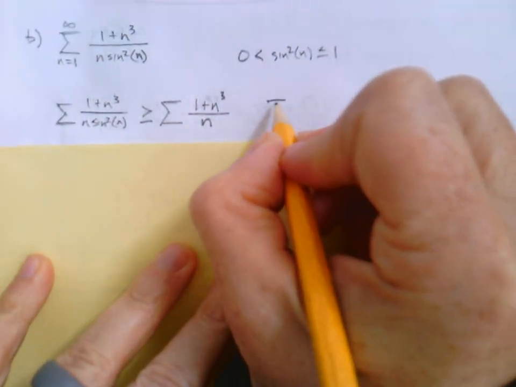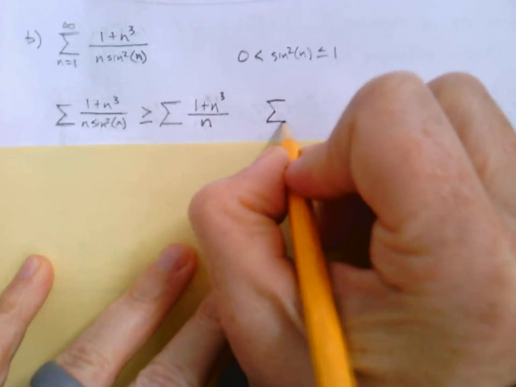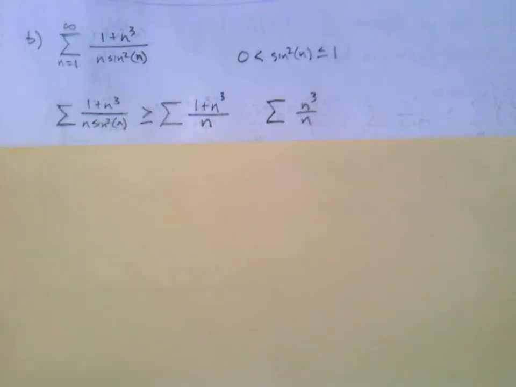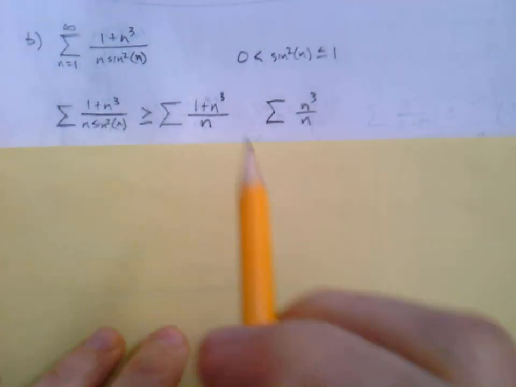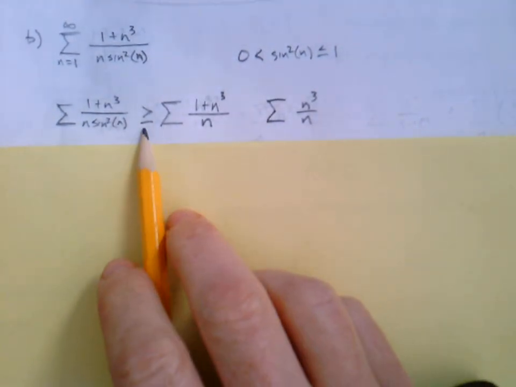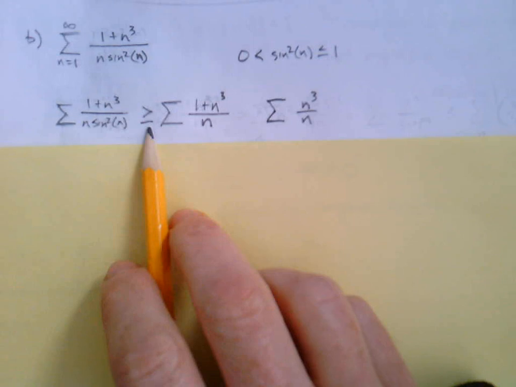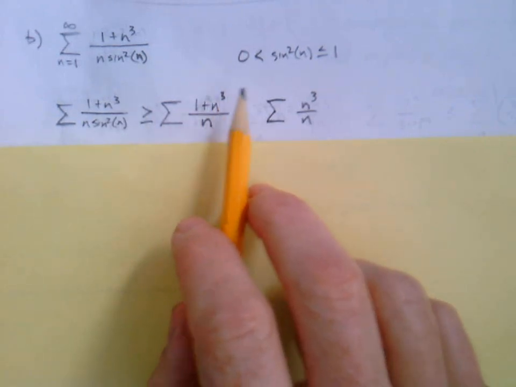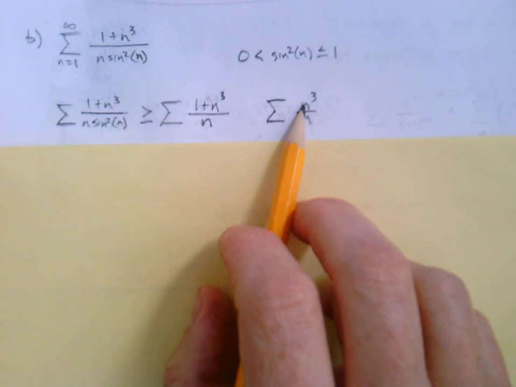Now I'm going to try out getting rid of the 1 in the numerator. Let's see. And it's got to keep going the same direction, right? If I get rid of the 1, then now the numerator is smaller.